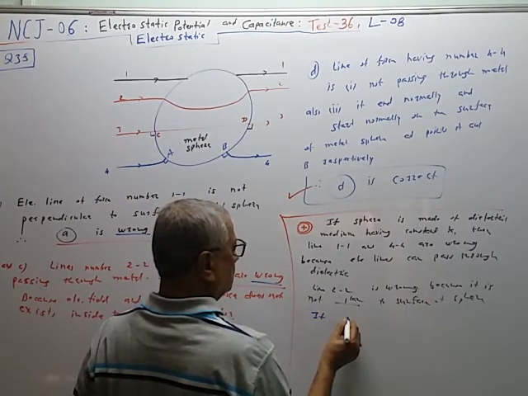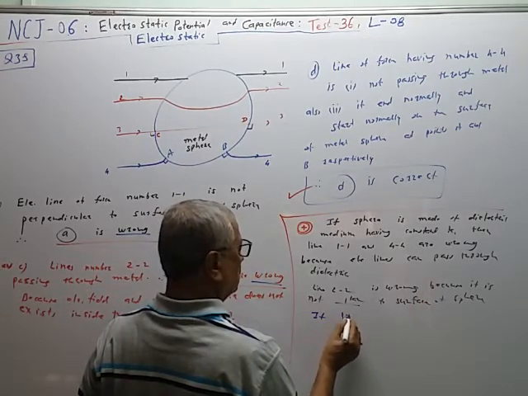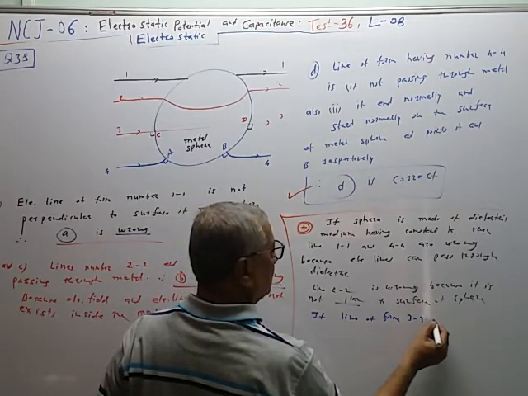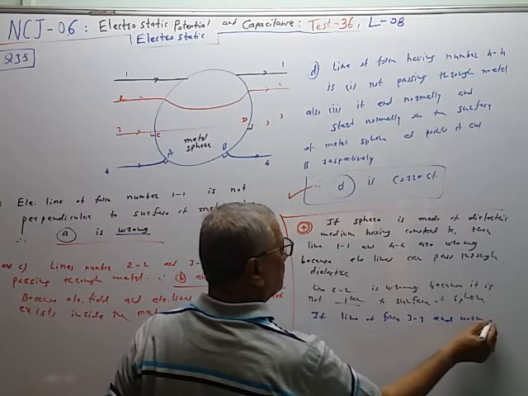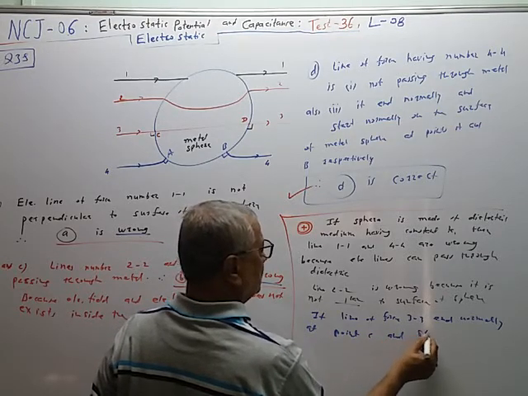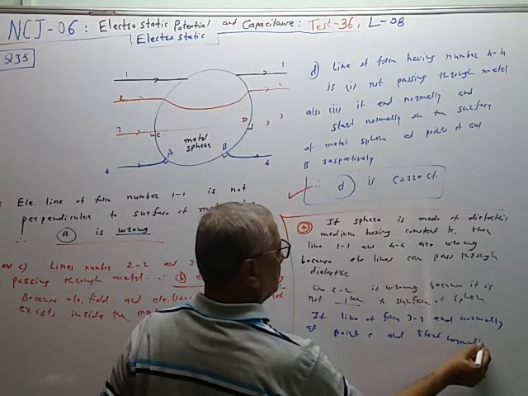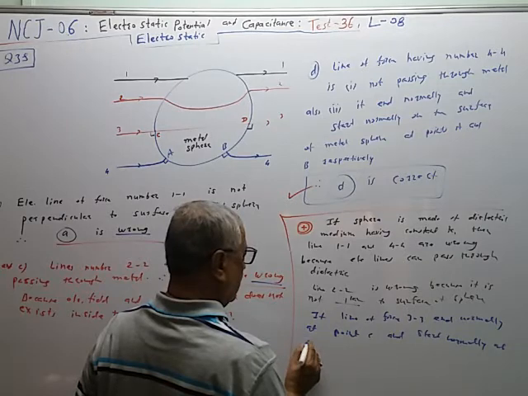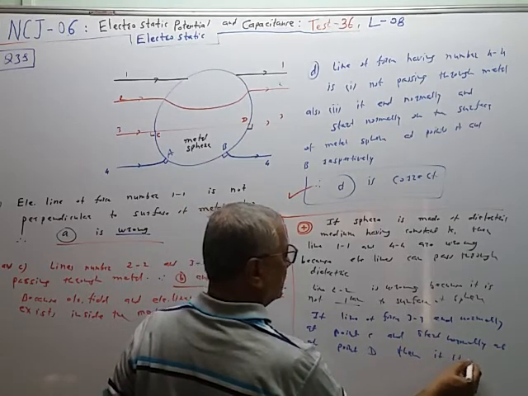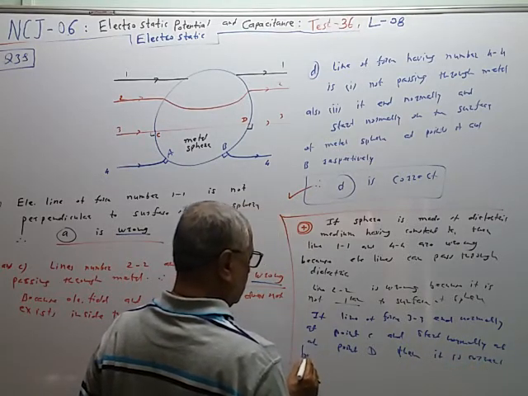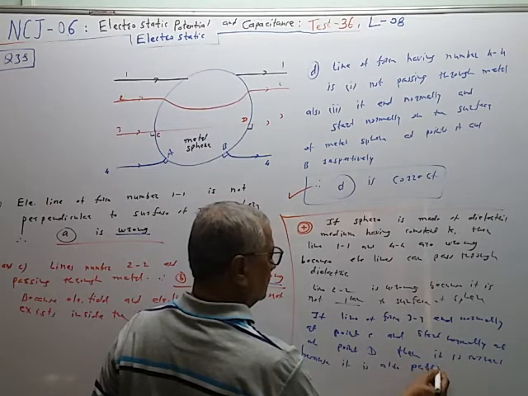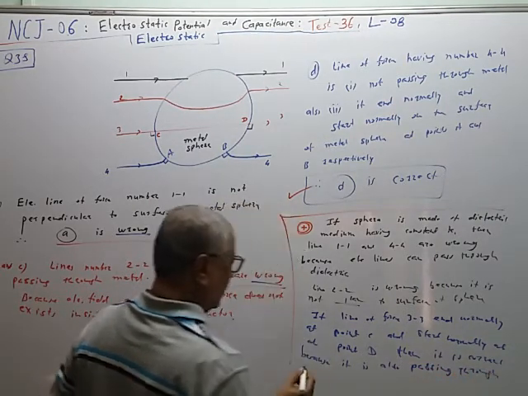If line of force 3 ends normally at point C and starts normally at point D, then it is correct, because it is also passing through dielectric.